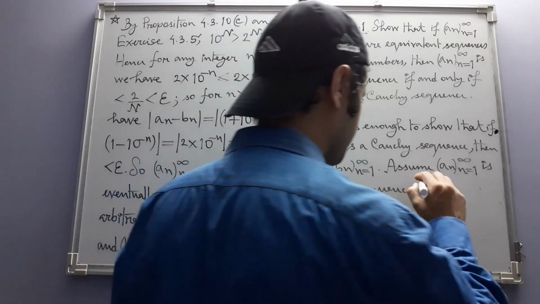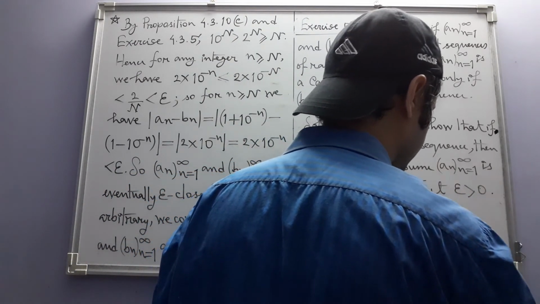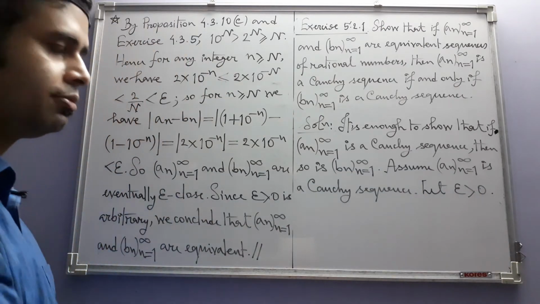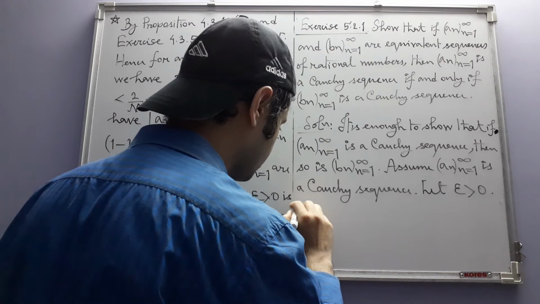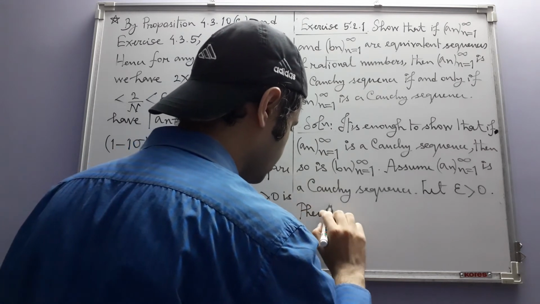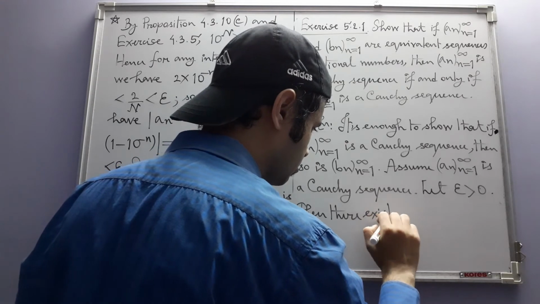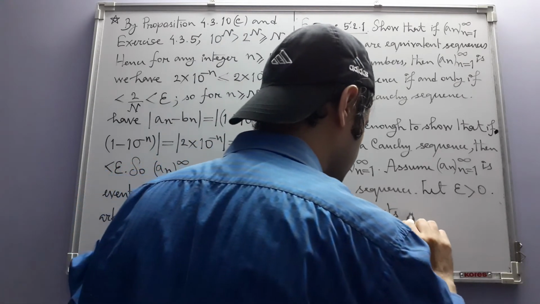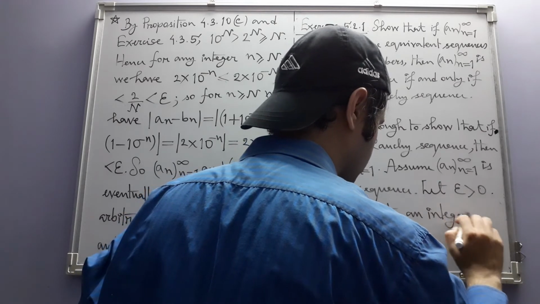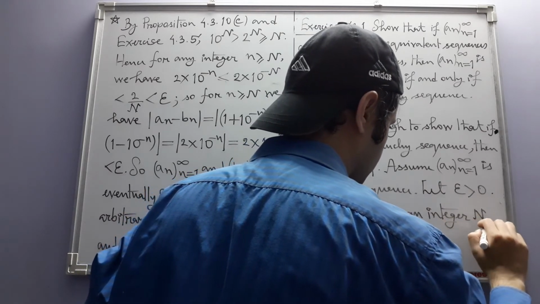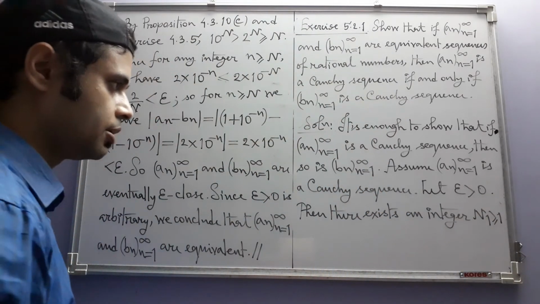Okay, let epsilon be any positive rational number. Then there exists an integer n1 greater than or equal to 1.